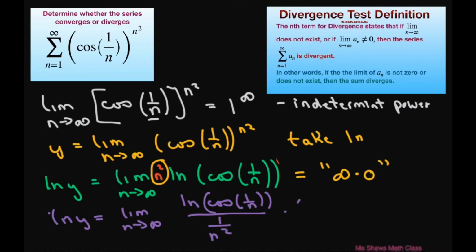And this gives us the form 0 over 0. So now we're going to use L'Hopital's rule, now that we have this form. All right, so let's do that.